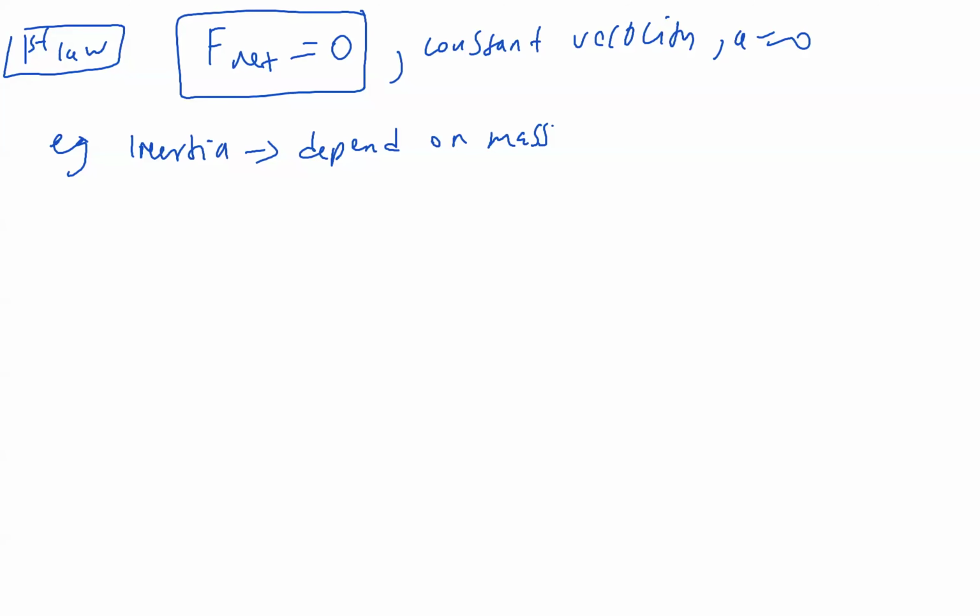So Newton's second law. For the second law, Fnet is equal to ma. Fnet is not zero here.